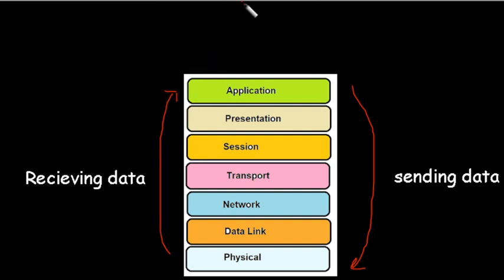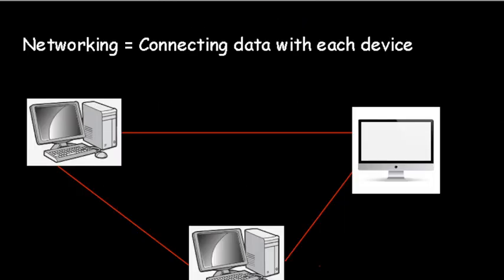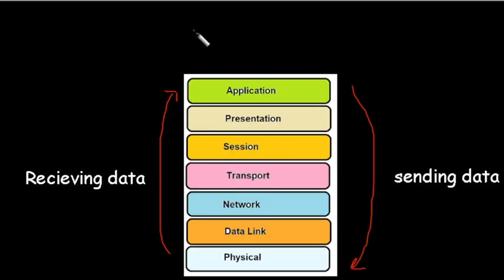What are you using it for? Every computer is going to send data, and every computer wants to receive data as well. So one complete cycle is one complete network. If you want to send data, you read the flow from top to bottom, but if you're receiving data, we usually start from the bottom to the top.